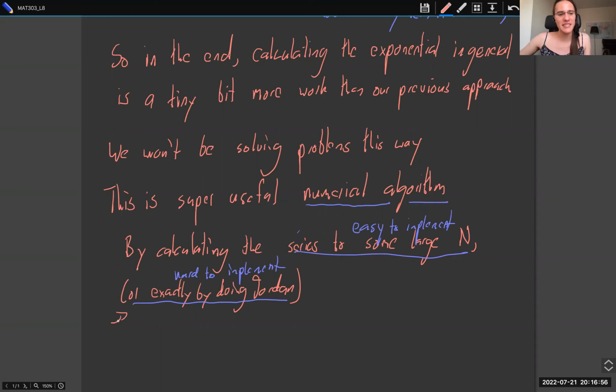This is exact, but ignoring the exact thing, this gives an approximation that's easy to calculate.